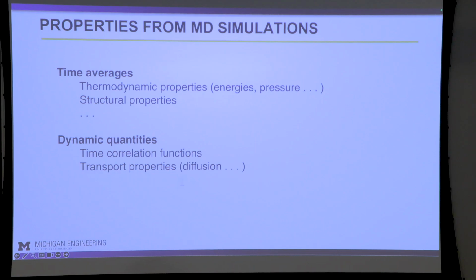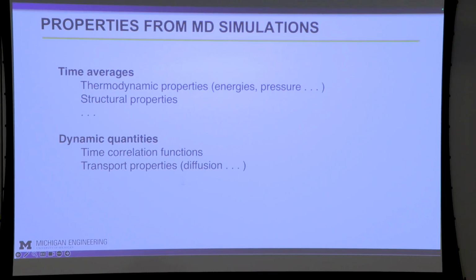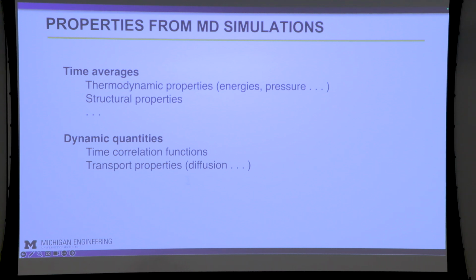So if I'm designing a new material, I want to know some of the structural properties, how they evolve over time. Or you are looking at the transport properties in your system, okay? You have some gas, you have another molecule, for example, and you want to see how they evolve. Those are all properties that you can compute: dynamic and time-averaged properties.